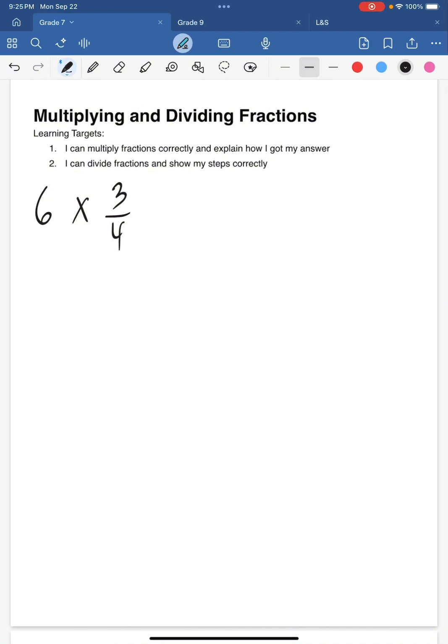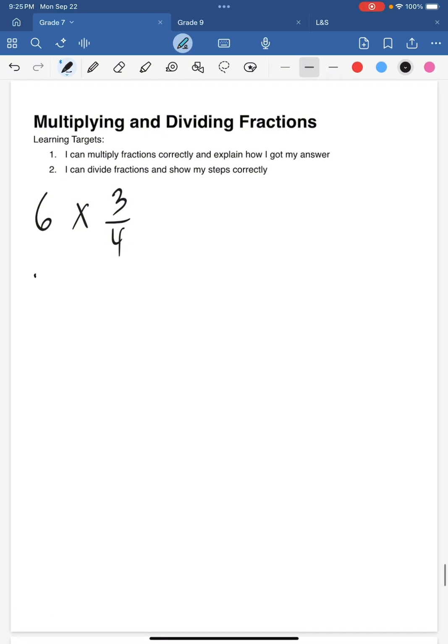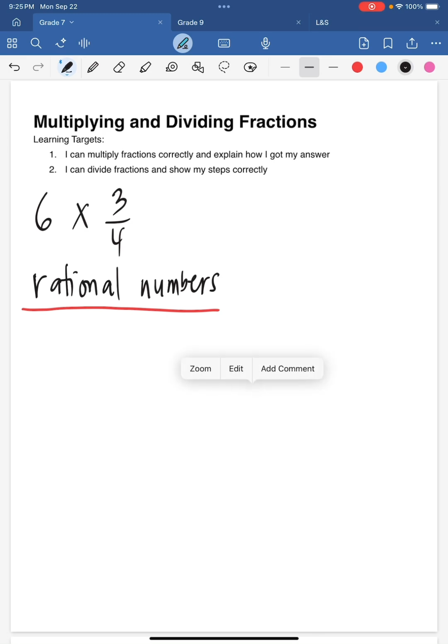But let's have a recap on what rational numbers are. Now, rational numbers are numbers that can be turned into a fraction, where let's just have the variables a over b, and a can be divided by b, and b should not be equal to 0.